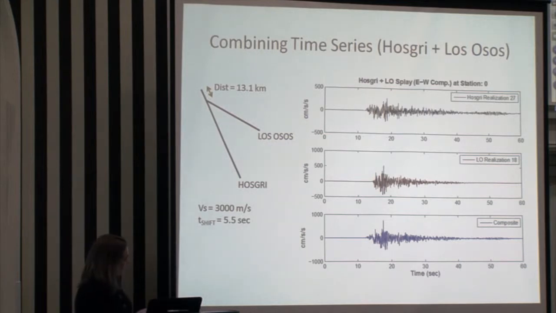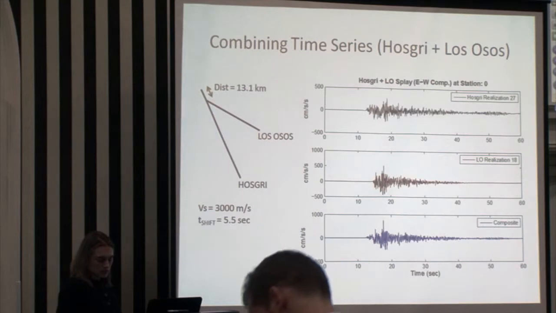That means there's a delay of about 5.5 seconds for this time series. So we shift this over 5.5 seconds, and we combine them. What I really want you to pay attention to is when similar types of waves are arriving at about the same time to give you a composite.